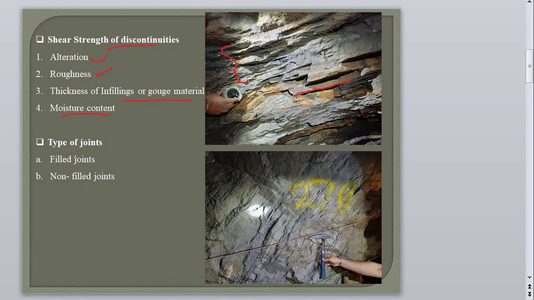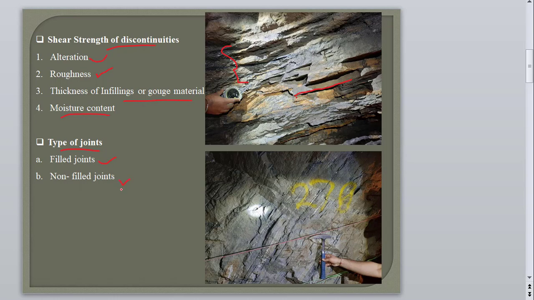Based on the filling, we can divide the joints into two categories: filled joints and non-filled joints. In filled joints, roughness and compressive strength we have to calculate. In non-filled joints, it depends on the physical and mineralogical properties of the material.